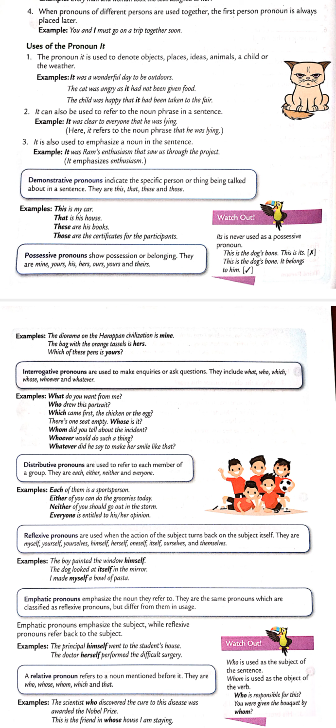They are myself, yourself, yourselves, himself, herself, oneself, itself, ourselves, and themselves. Many examples are mentioned here also. The boy painted the window himself. The dog looked at itself in the mirror. I made myself a bowl of pasta.